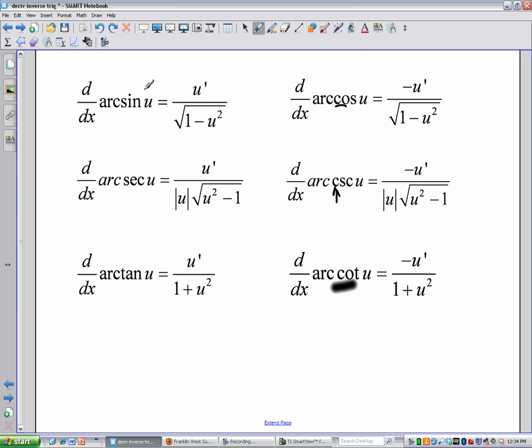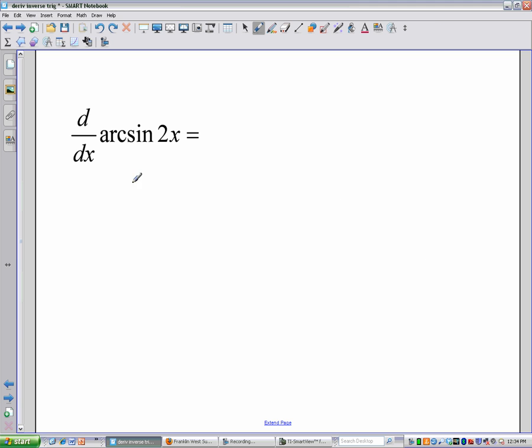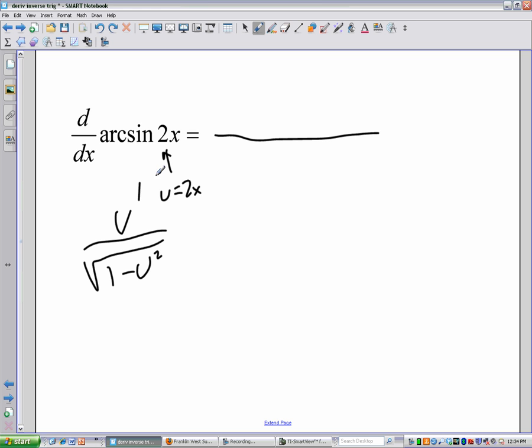So if we want to take the arc sine or whatever it is, we just fill the pattern in. If we're looking for the derivative of the arc sine of 2x, if you remember, that's u prime over the square root of 1 minus u squared. It's the form that we take. In this case, u is equal to 2x. So we just fill in the pattern. The derivative of 2x is 2.